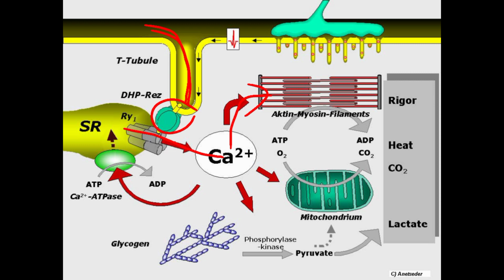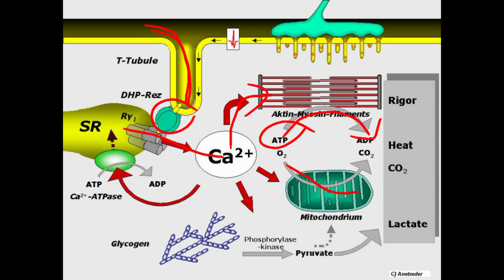So the myosin head goes and attaches to the actin. At that time it will utilize the energy, so that is very important. So ATP gets converted into ADP.